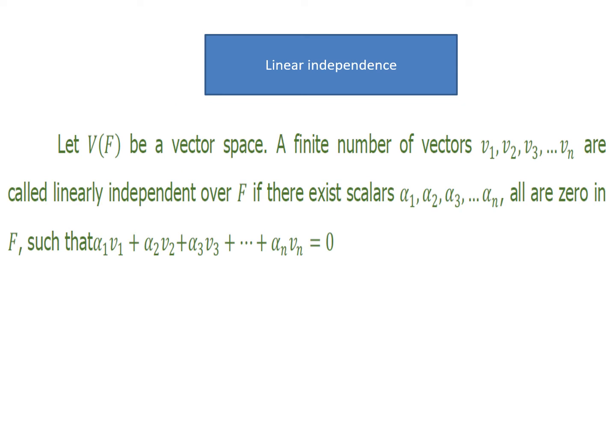Now we define linear independence. Same, the linear combination alpha 1 v1 etc. alpha n vn equal to 0, but all these alphas should be 0. Then you say that the vectors are linearly independent. So the linear combination equal to 0 and all the alphas are 0, then we say the vectors are linearly independent.